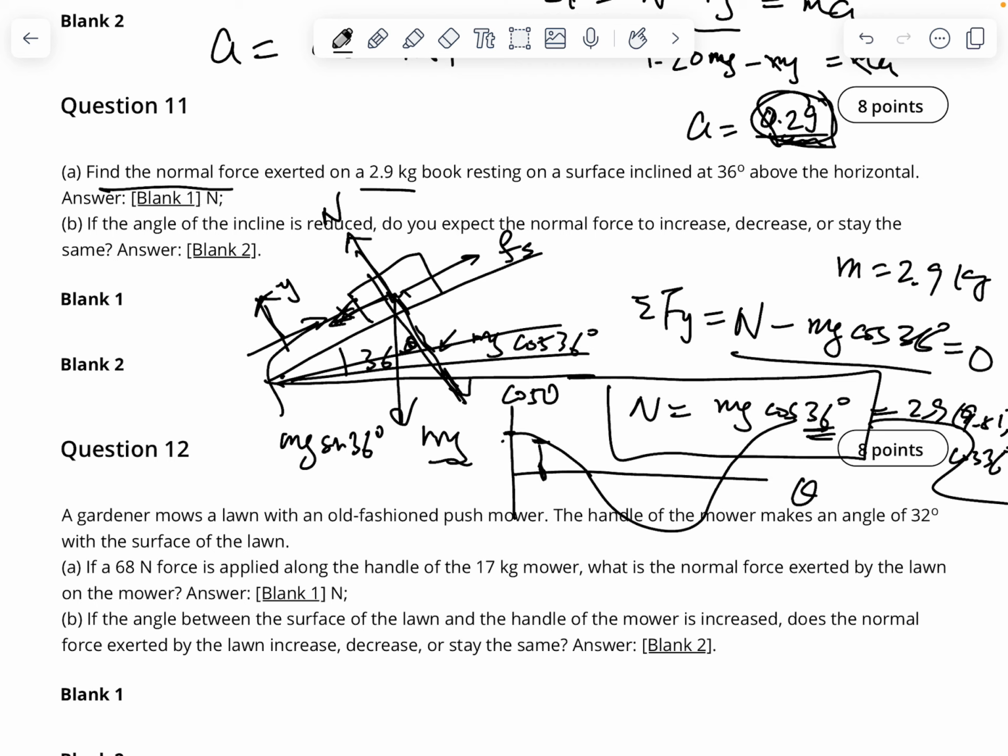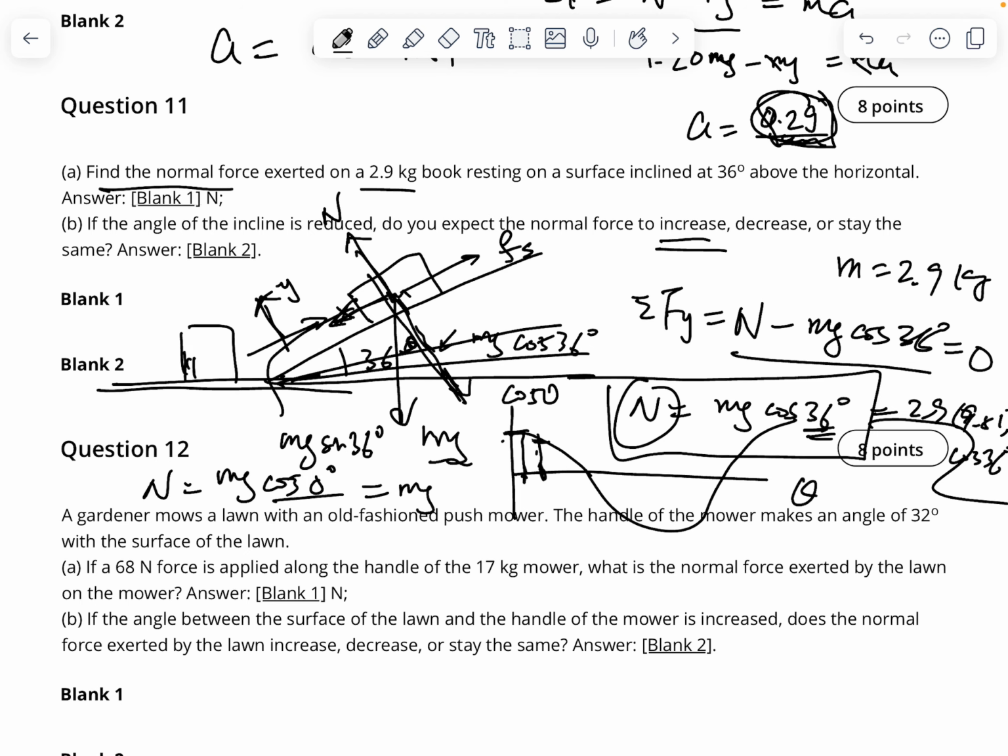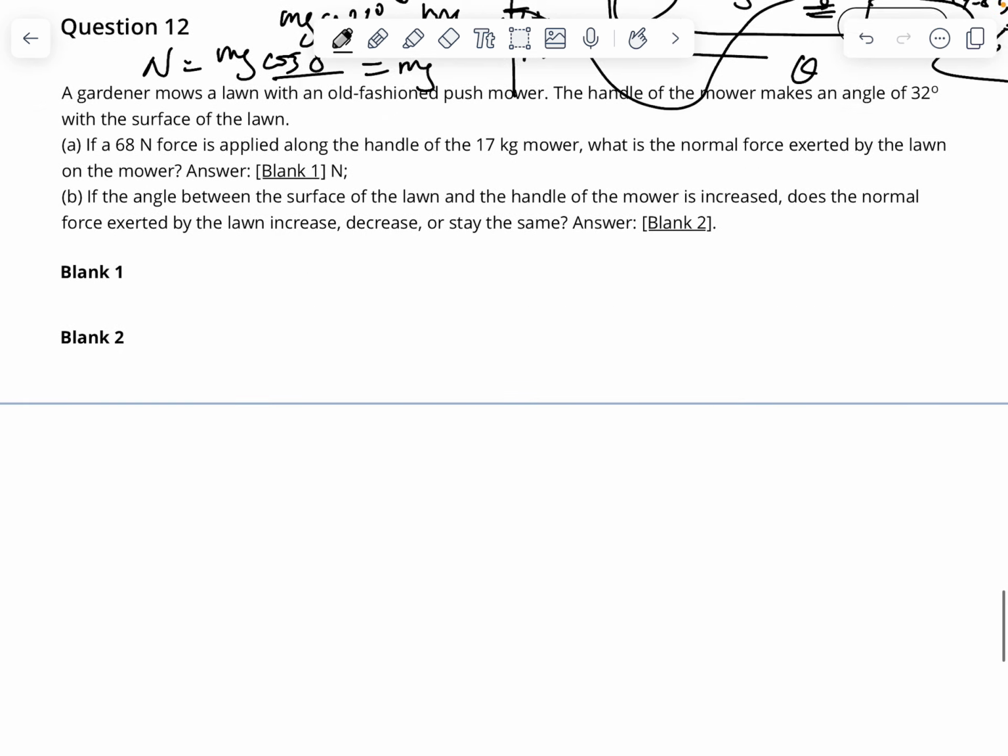You see the angle here and the angle here, cosine increases. So normal force increases. When angle equal to 0, then the normal force equal to mg cosine 0. Cosine 0 is 1, so equal to mg. Indeed, on a flat surface, normal force equal to the weight.